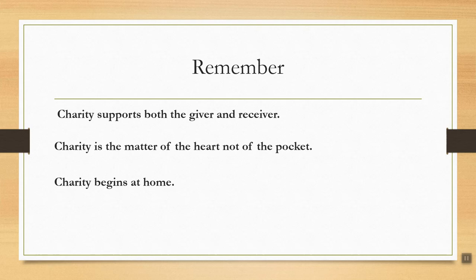You know the word heart means what? It's an organ that pumps blood. It's to have sympathy for other people, to feel their conditions. So charity is a matter of heart, not of the bucket.